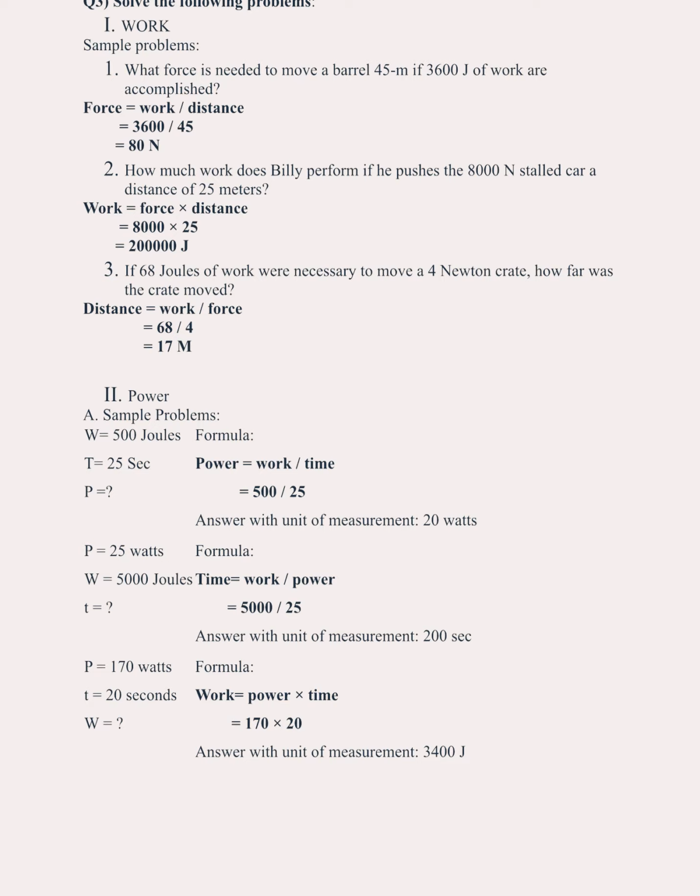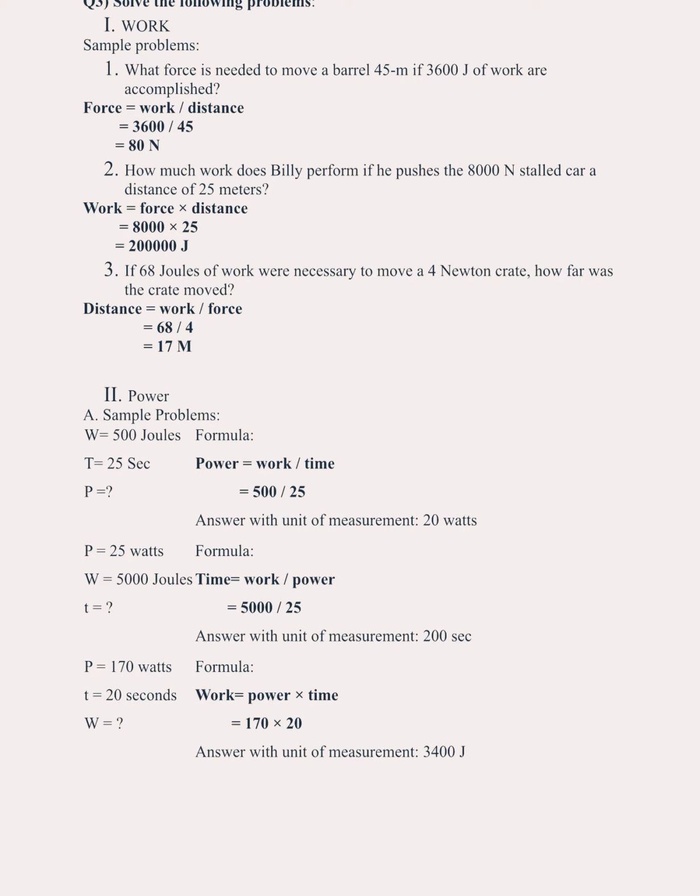Point 2. Here he's asking you to find the time if you know that the power used is 25 watts and the work equals 5,000 joules. So what is the time? Time equals work divided by power. So equals 5,000 divided by 25 equals 200. 200 what? Seconds.